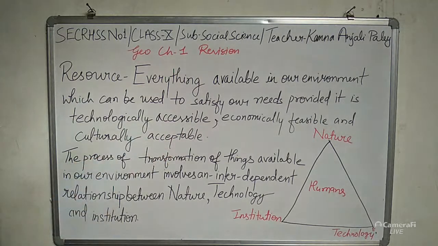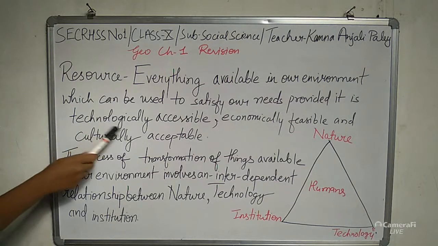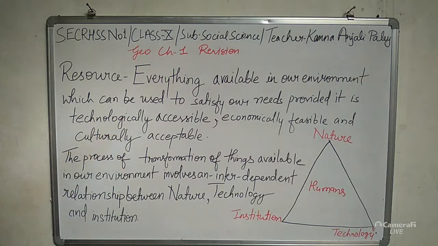And second is economically feasible, means which can be economically convenient to all the human beings of the world. So the things which can be made resources should be technologically accessible to everyone and economically feasible.